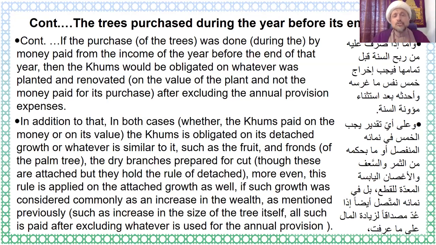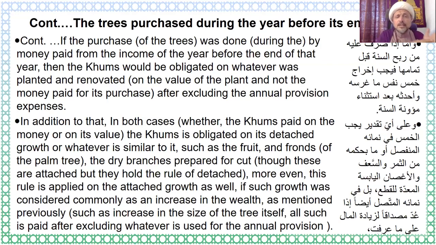So you spent on your family, that is exempt. You don't have to pay the khums of it. Even if it was included in the value, okay, you will exempt that. The value was $15, but you ate worth of a lot of things, so the value came down. So that value will be khumsed. Let's say the value became $20 if the fruits were there, but you ate those fruits in your year.